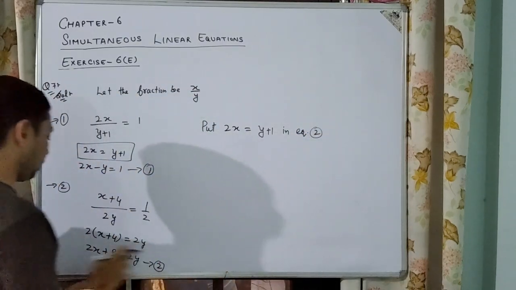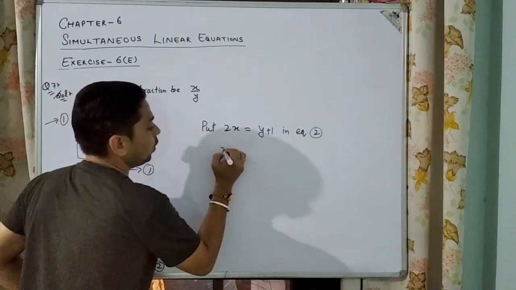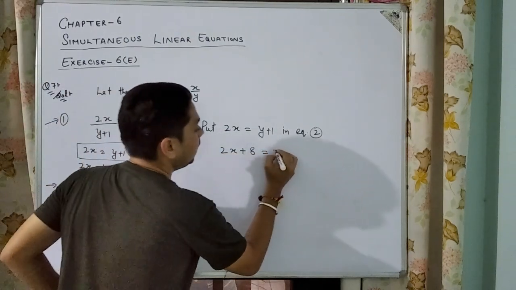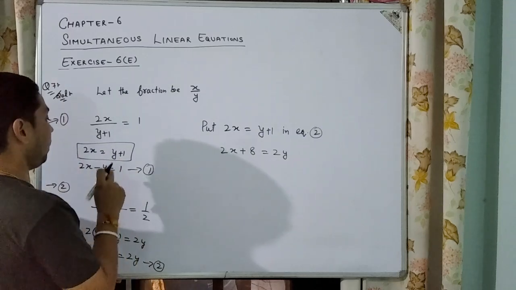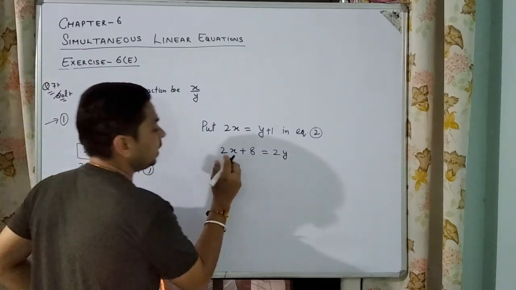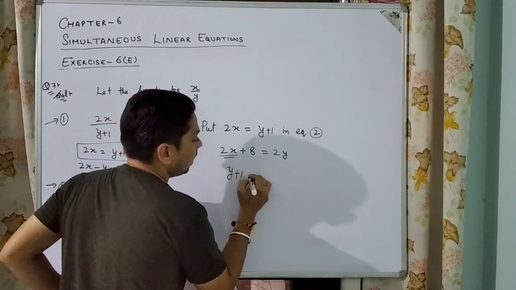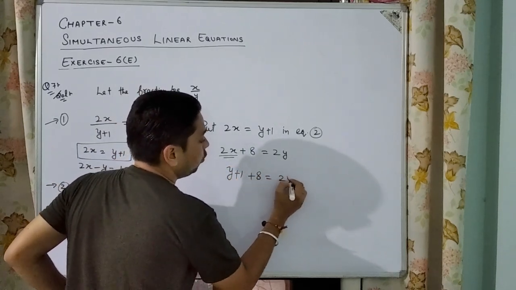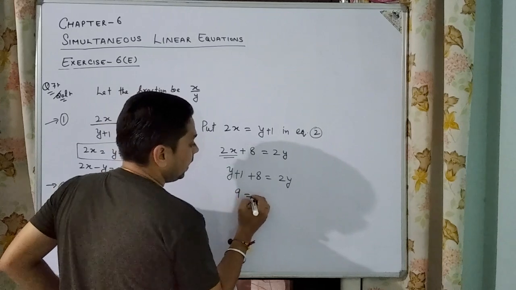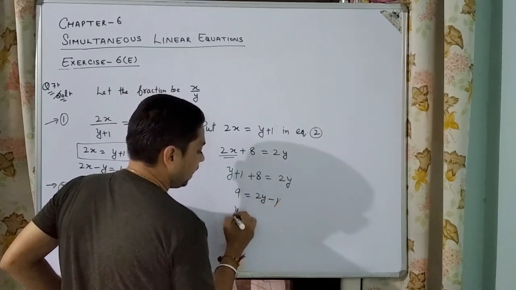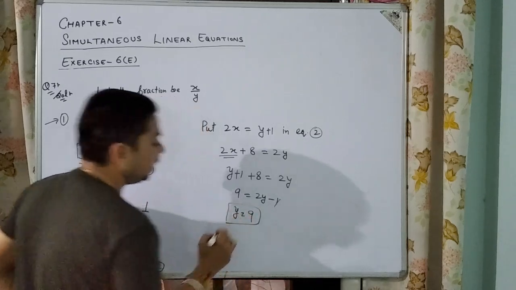We have equation 2 as 2x plus 8 is equal to 2y. So here 2x is y plus 1. Directly substitute the value of 2x, that will give you y plus 1 plus 8 is equal to 2y. It will give you 9 is equal to 2y minus 1y. So y is equal to 9.